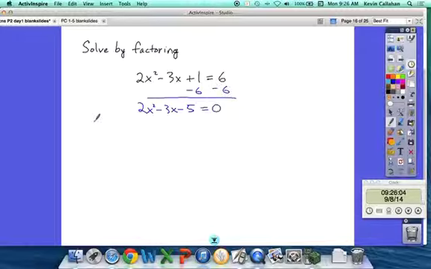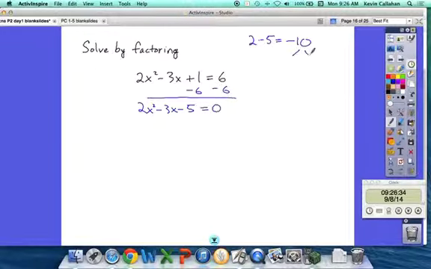Now, this is the hardest factoring that we do because the coefficient of x squared is not 1. Now we have to go through 6 steps to get the right answer, right? Do you remember what the first step is? 2 times -5 is -10. What are the factors of -10 that add up to -3?